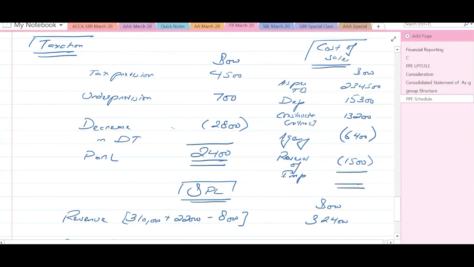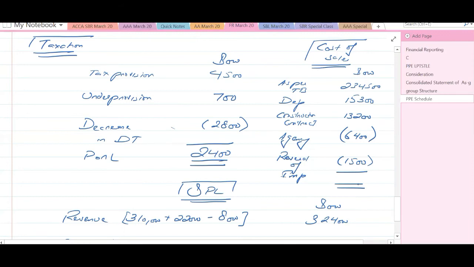Now you can calculate it. So 234,500 plus 15,300 plus 13,200 minus 6,400 minus 1,500.